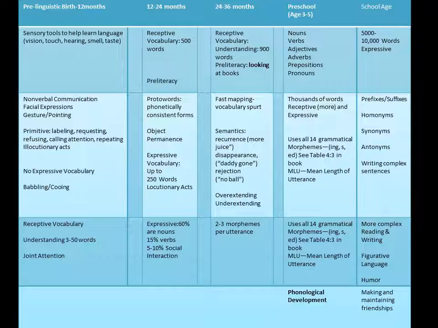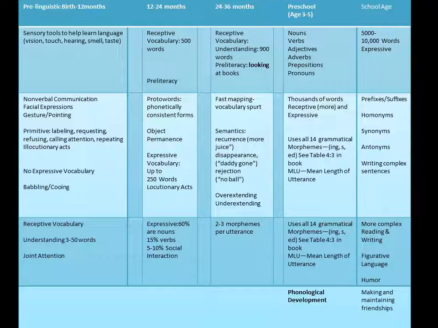So they've gone from about one word at 12 months to about 250 by their second birthday. We know that children are understanding more than they're producing. So receptive vocabulary, we always look at that as coming first before expressive. So we know children are understanding before they're producing. And that skill develops much faster than expressive vocabulary.